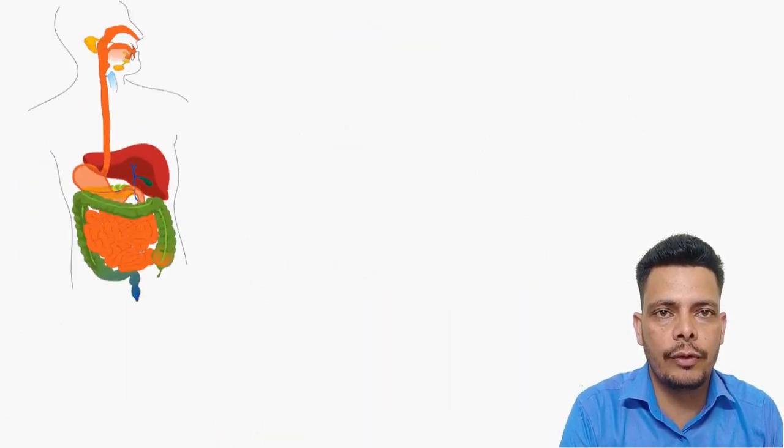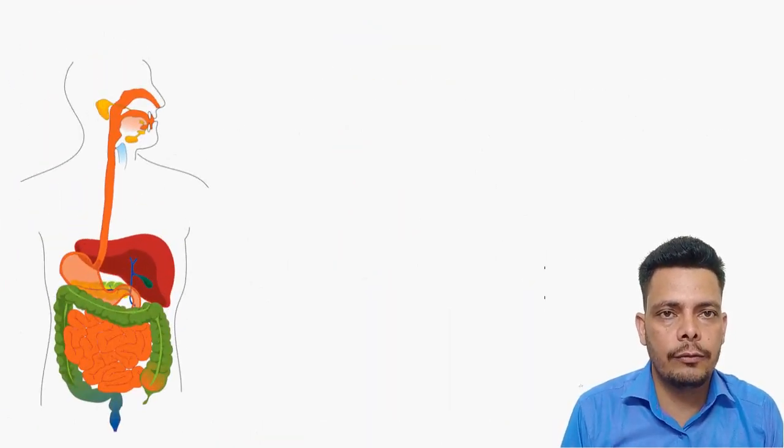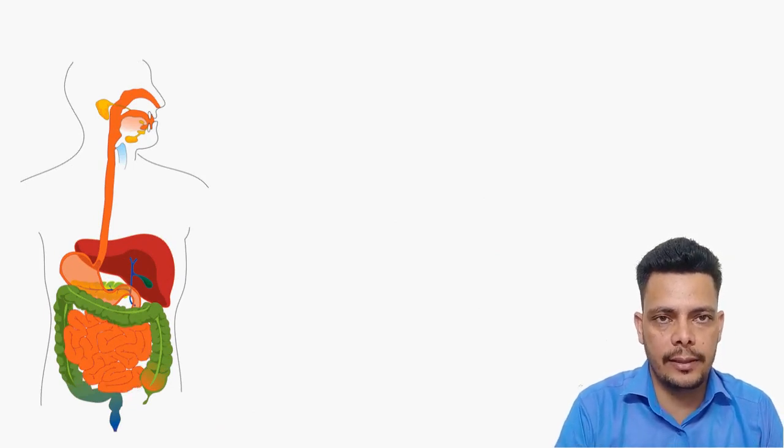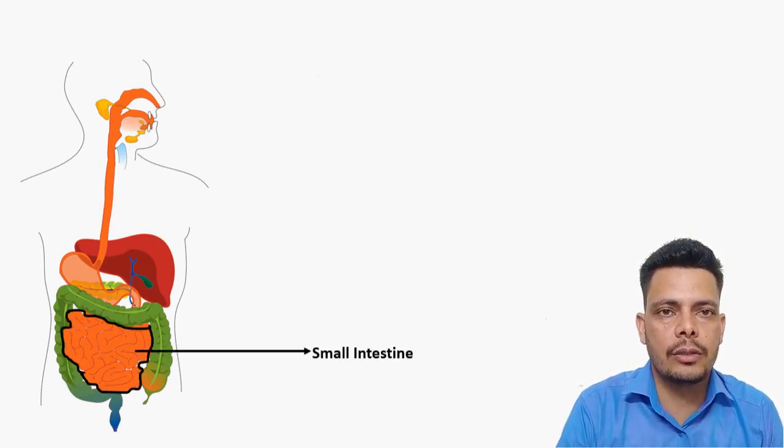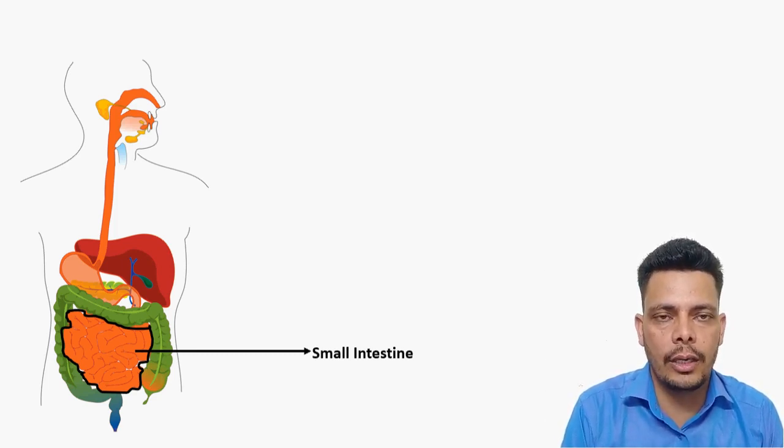Let's move forward. Now the food from the pyloric sphincter goes into the small intestine. Let us focus on the word small. Although it is very long, why is it called small? Because it has a smaller diameter. That's why it is called small.